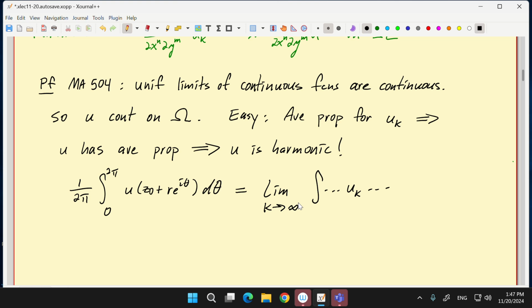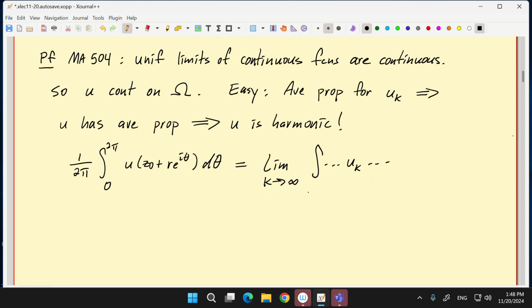So this would tend to the integral with u in it. Yes, I'm sorry. And here we're using uniform convergence on a compact circle, C_r(z_0), which is compact.